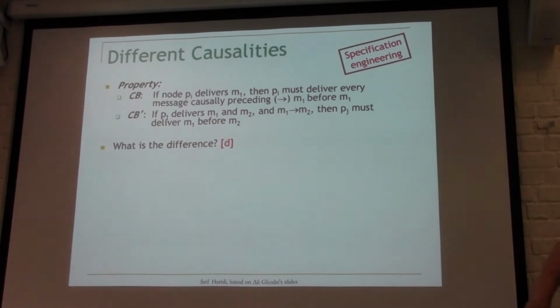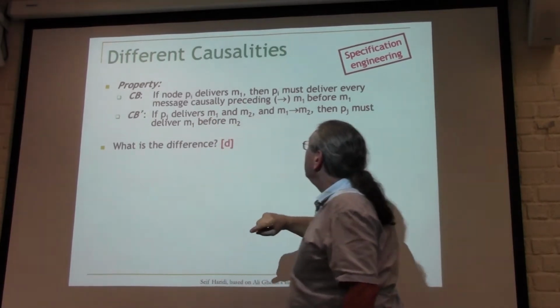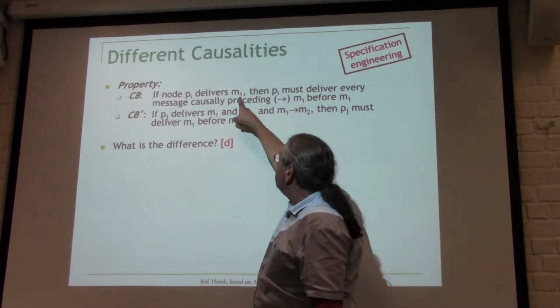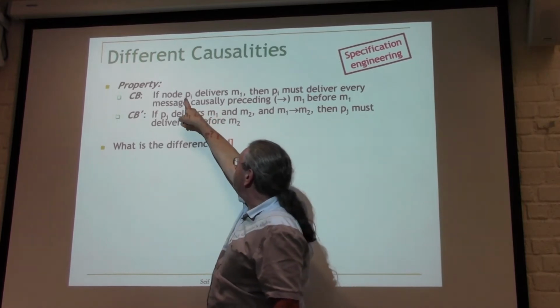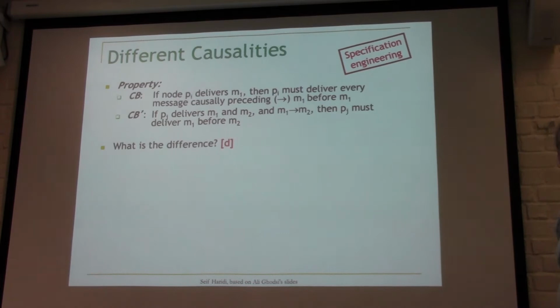The predicate of the if, exactly. They're both if-then properties. And what are the ifs here? Here in the first one, it's if Pi delivers M1. What is the if in the second case? If Pj delivers M1 and M2.